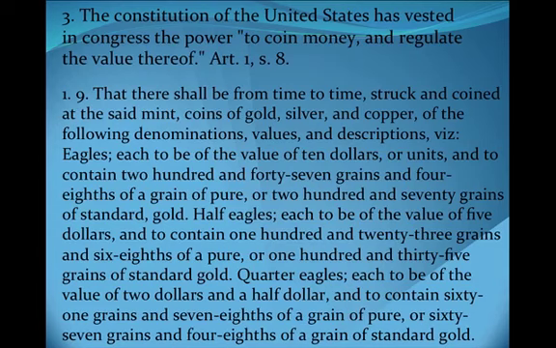Half eagles, each to be of the value of $5, and to contain 123 grains and 6/8 of a pure, or 135 grains of a standard gold. Quarter eagles to be of the value of $2.50, and to contain 61 grains and 7/8 of a grain of pure, or 67 grains and 4/8 of a grain of standard gold. So therefore they're telling you that these coins with that amount of gold in are money.